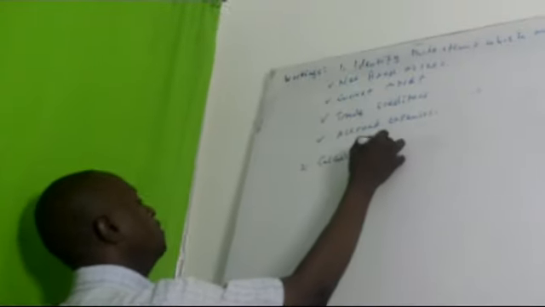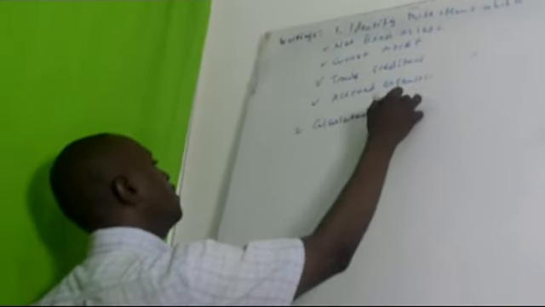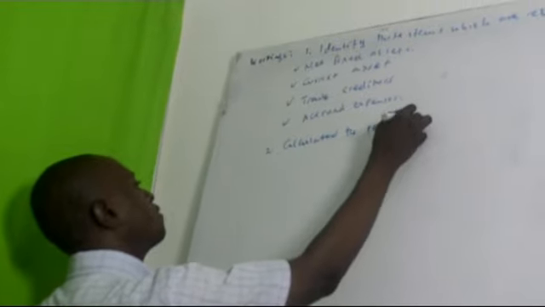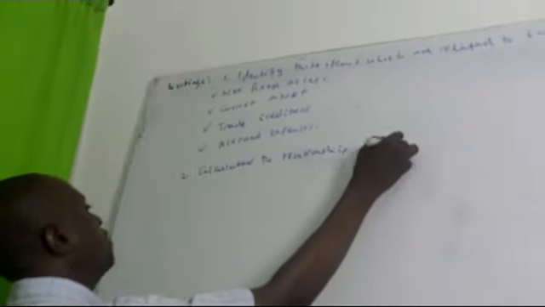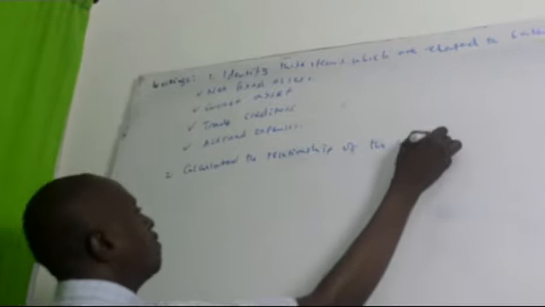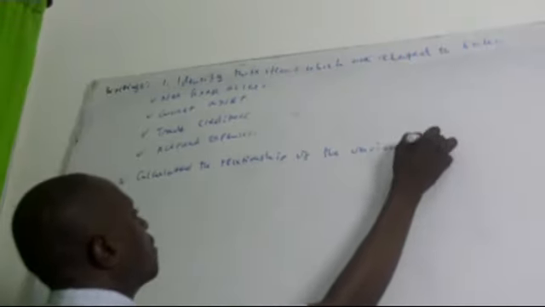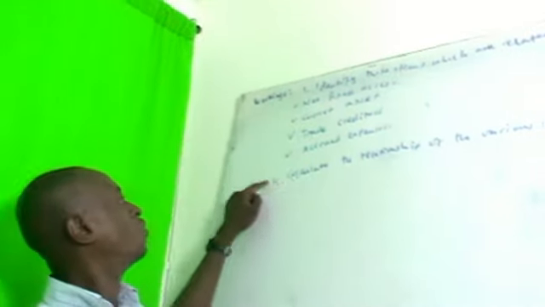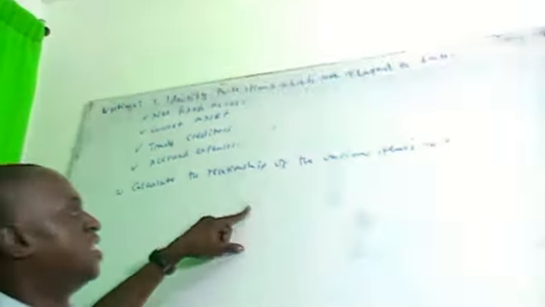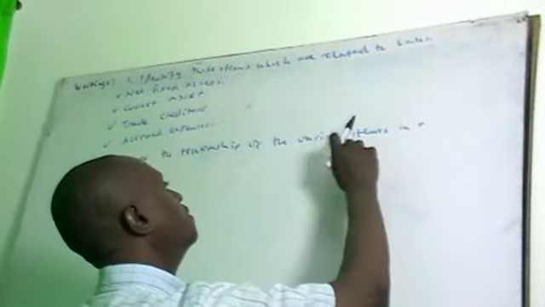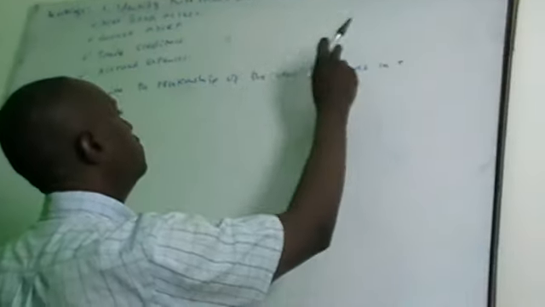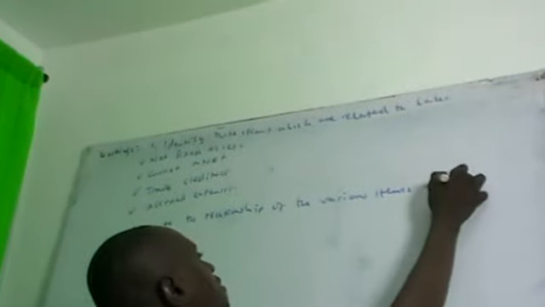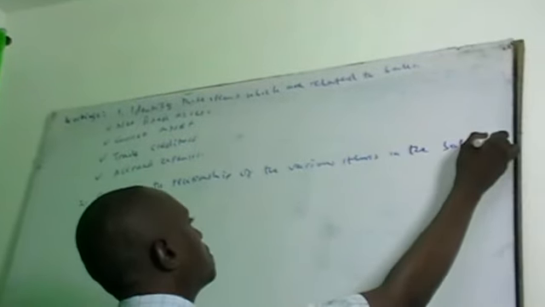So calculate the relationship of the various items in the balance sheet to sales.